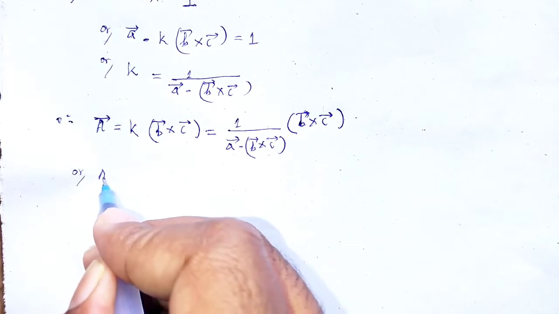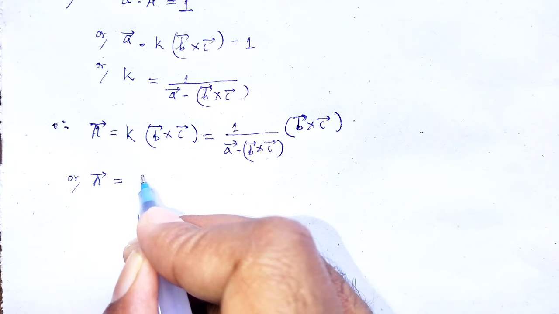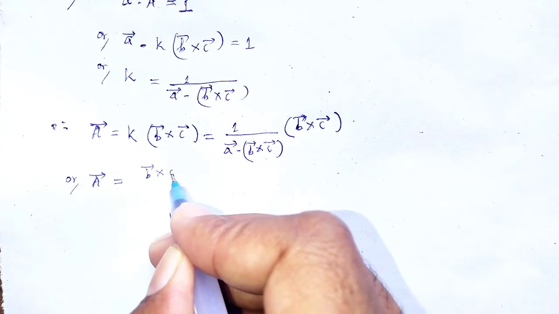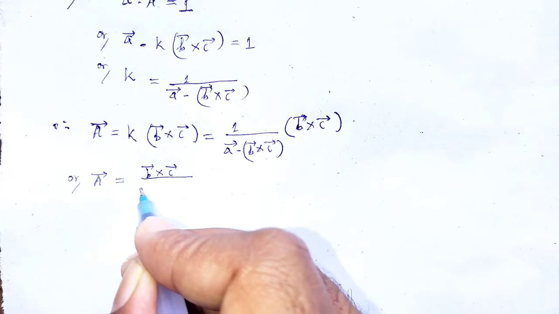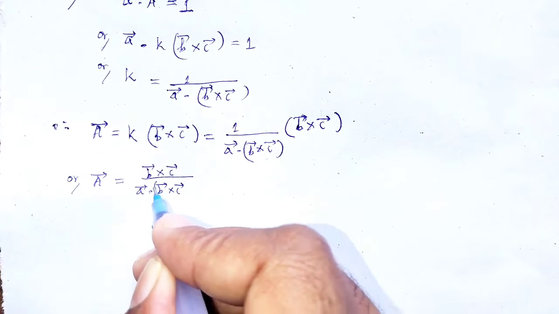Or we write a vector is equal to b cross c divided by a dot b cross c.